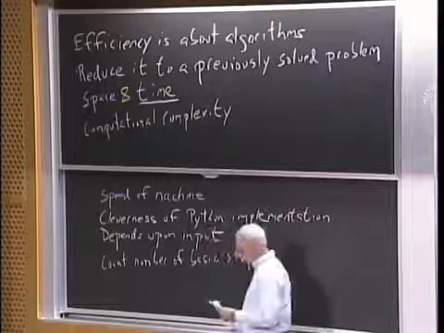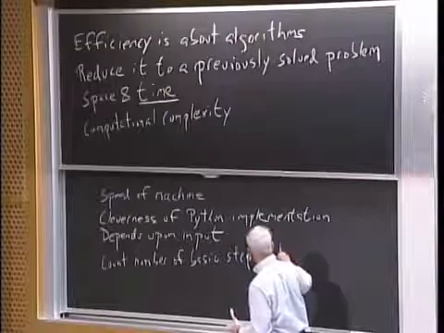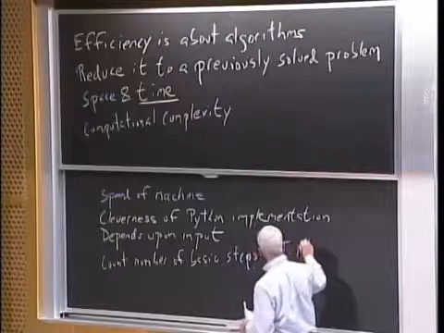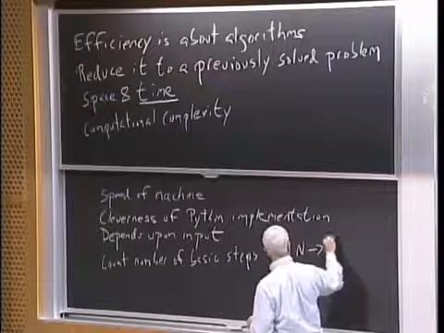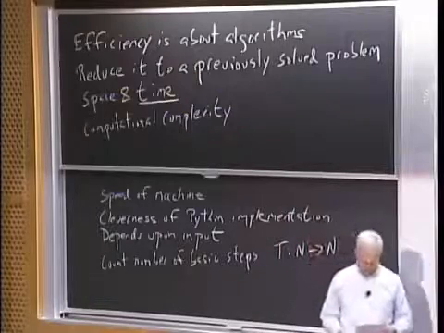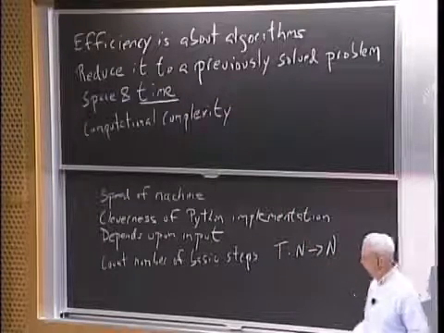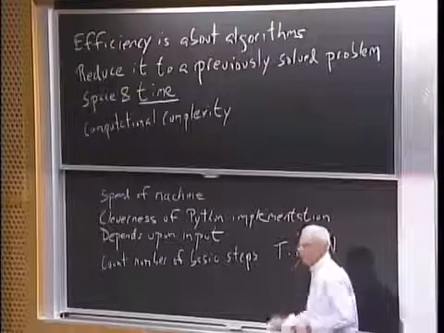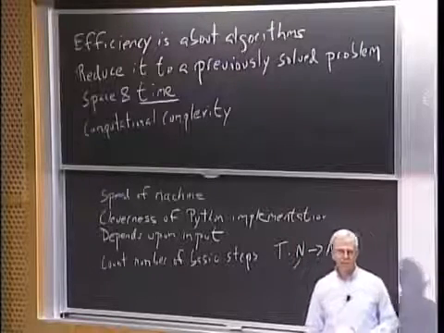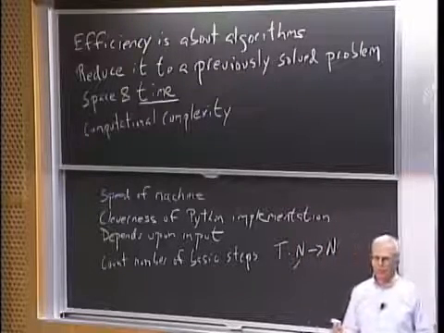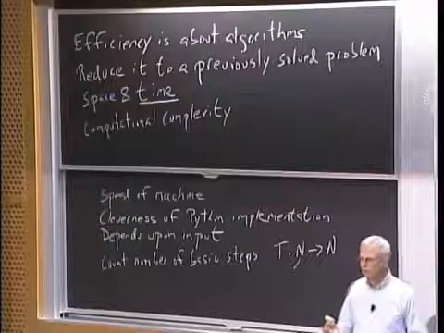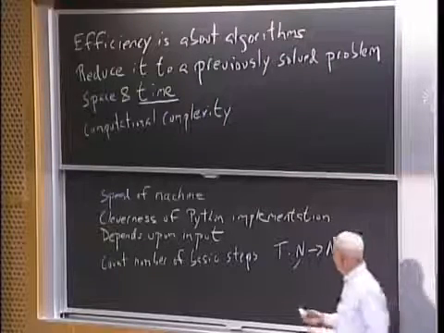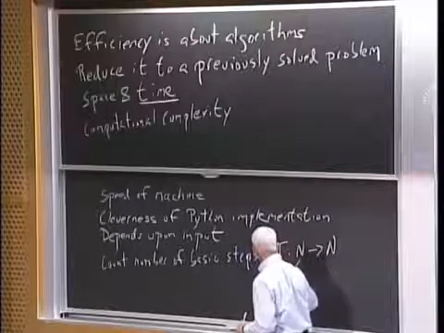So we define some function, say time, which maps the natural numbers to the natural numbers. The first natural number, the argument, corresponds to the size of the input.